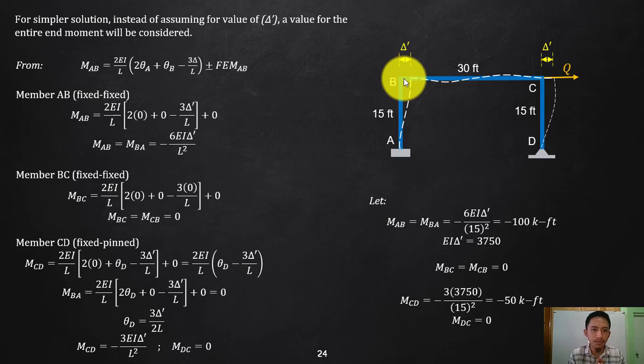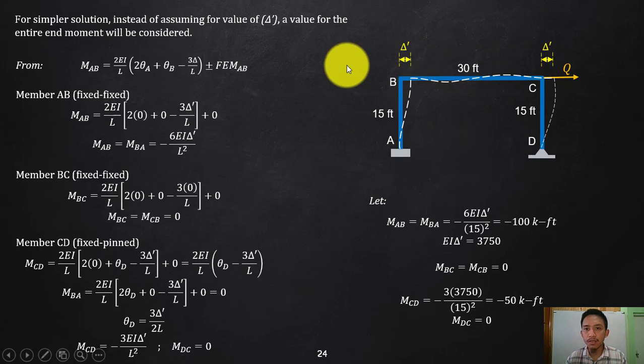It's okay if you consider any sign, but you may end up with negative values of Q and so on. So you might be confused about the value of a negative. But if ever you assume this incorrectly, you assume the other way, for example you still do not know how to sketch the elastic curve, then maybe you will end up with the opposite.